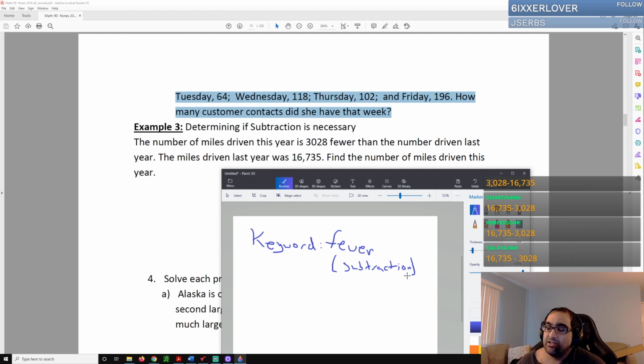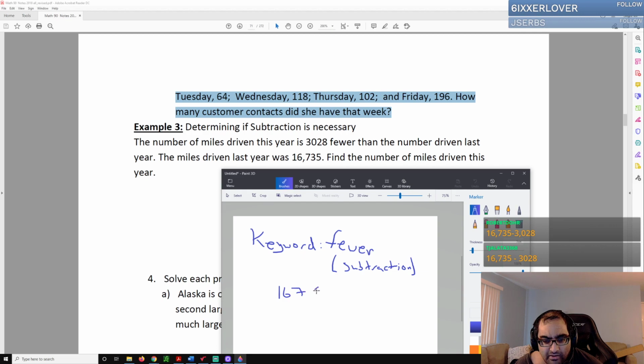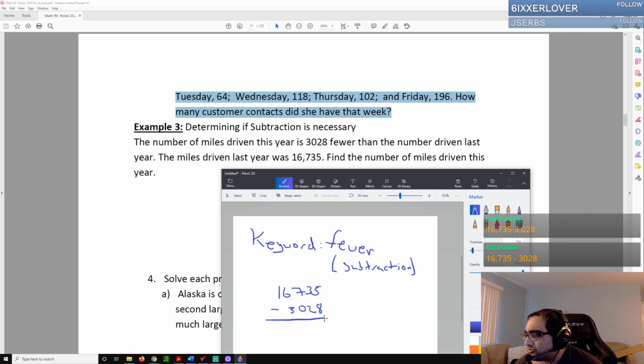You have to look at it carefully here because in this case it's 3,028 fewer, so again we're subtracting off 3,028 here, so that's why it's written here as 16,735 minus 3,028. So that's why, again, order matters here when it comes to subtraction, so be very careful about that.